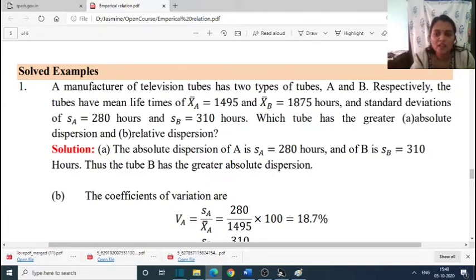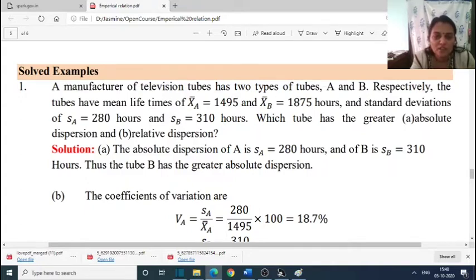Which tube has the greater absolute dispersion and relative dispersion? The absolute dispersion of A is SA equal to 280 hours and of B is SB equal to 310 hours. Thus tube B has the greater absolute dispersion.